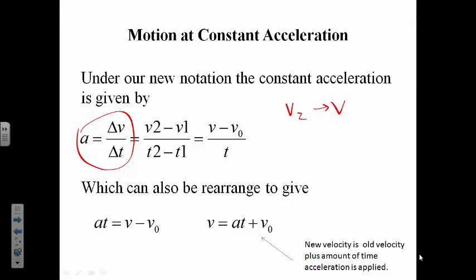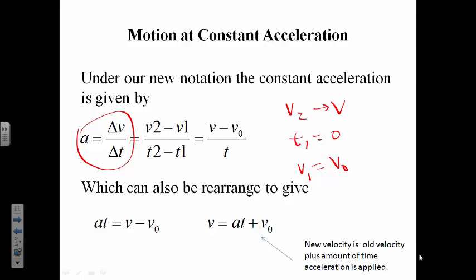We're going to say that t1 is now 0, so we'll always start assuming our stopwatch is reading 0. And then we'll go to some t2. The other thing we'll say is that v1 is now called v0. So v0 stands for our velocity at time equals 0, which is t1.